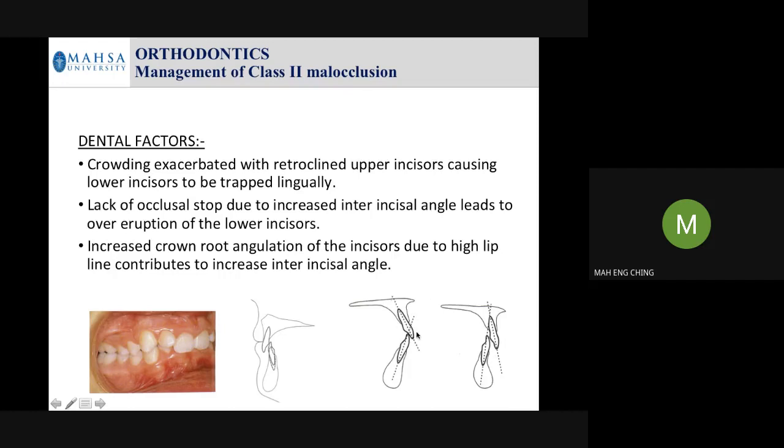And if this angle increases, like in Class 2 Division 2, it means that I don't have the occlusal stop. That's why the incisor can become over-erupted and retroclined. So usually when we treat a Class 2 Division 2 patient, we try to correct this inter-incisor angle, back to Class 1, which is about 134 plus or minus 6.